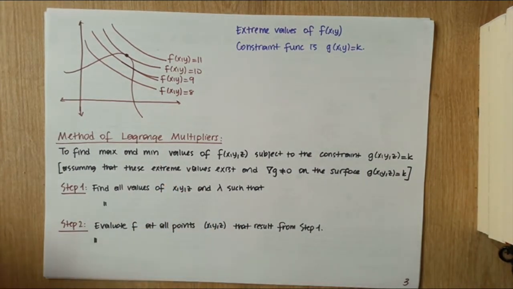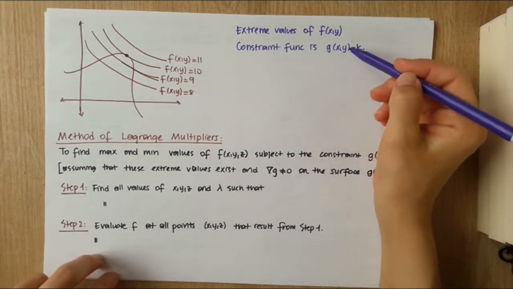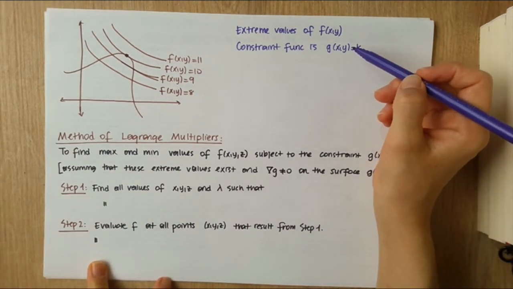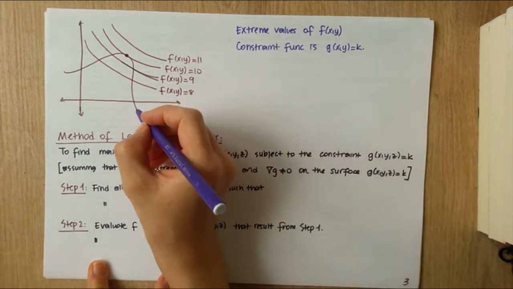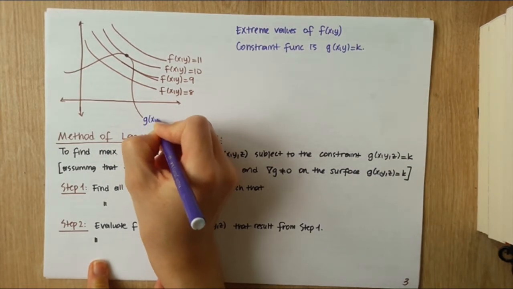So we are looking for the extreme values of f of x, y subject to a constraint of the form g of x, y equals k. In other words, we seek the extreme values of f of x, y when the point x, y is restricted to lie on the level curve g of x, y equals k.